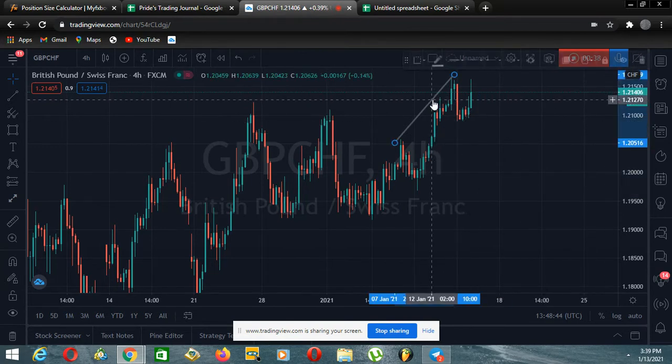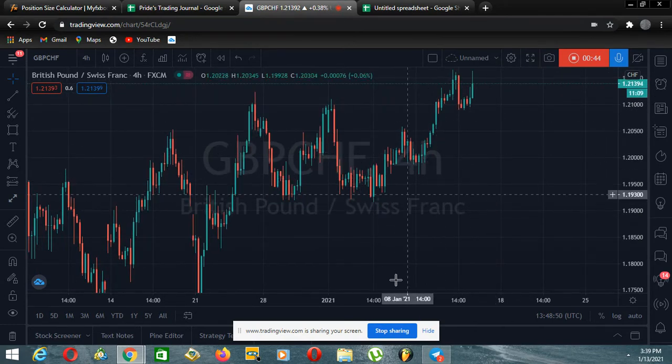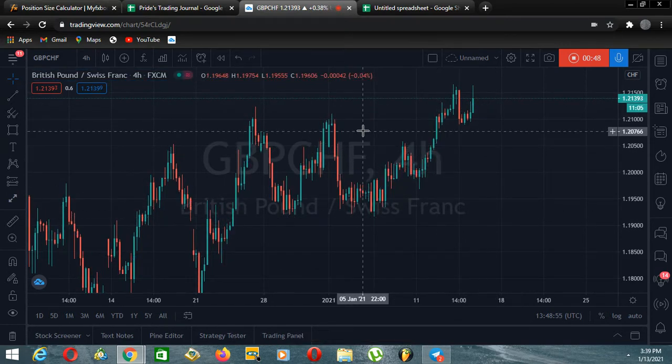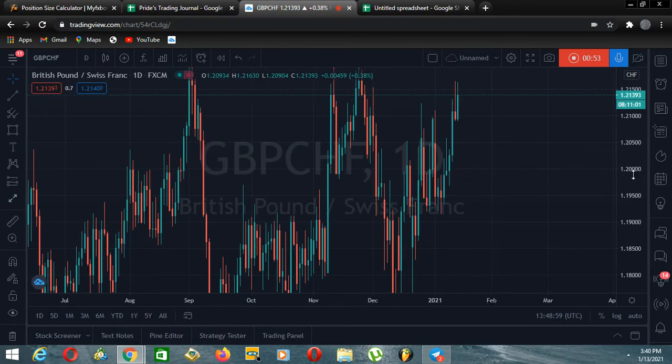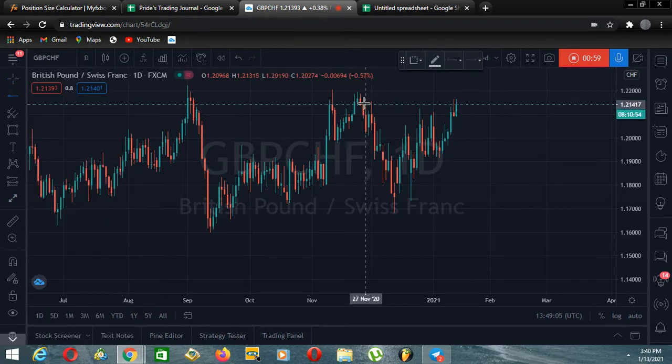Okay, so let me start. Bear in mind that this whole move wasn't actually there. So how I do this analysis, I start on a daily to mark out my big zones. This is where I began.